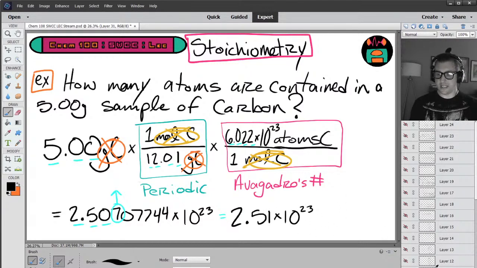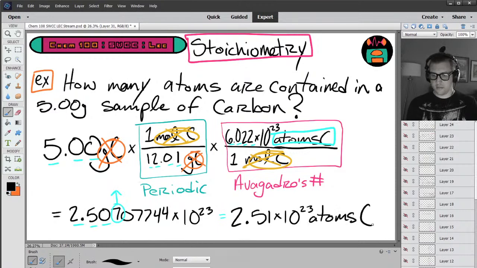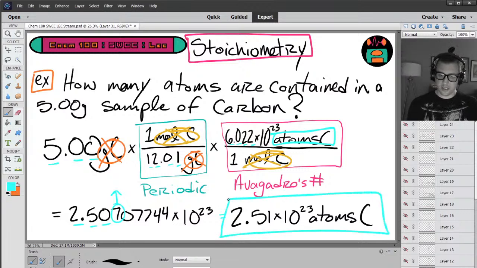And then my units are right here. My units are atoms of carbon. All right, that is the number of atoms contained in a 5-gram sample.